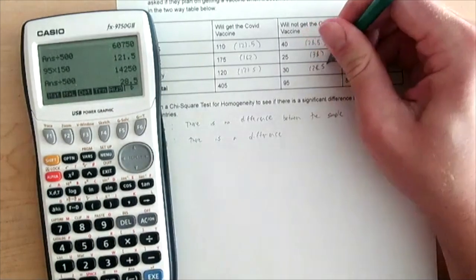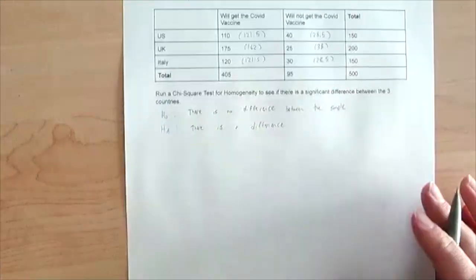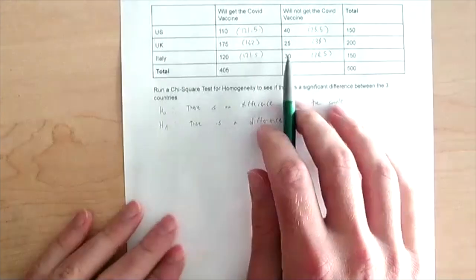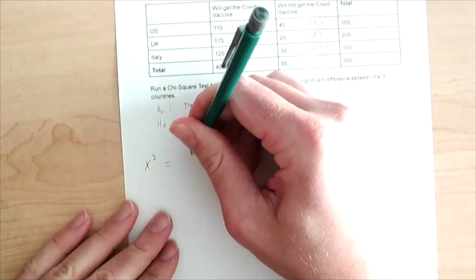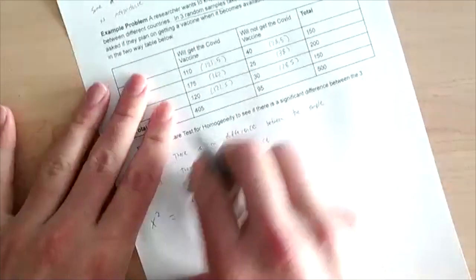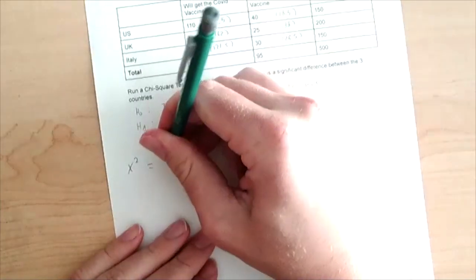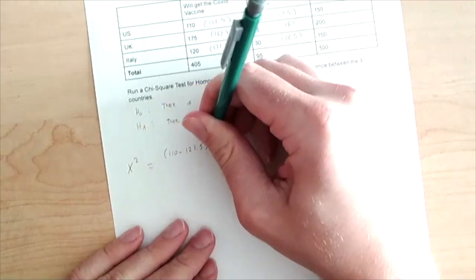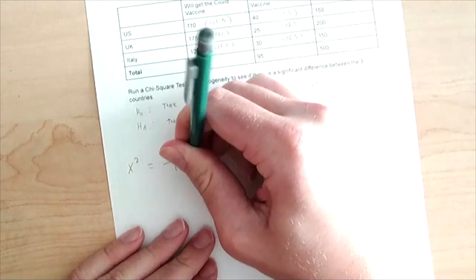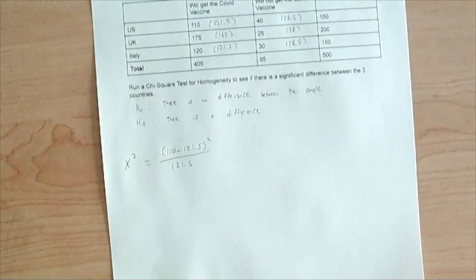Cool. Okay. So yeah, this is actually just going to be pretty tedious. So maybe this will be a quick little video, but I'm going to take each of these values, subtract away the expected, square it, and divide by expected.